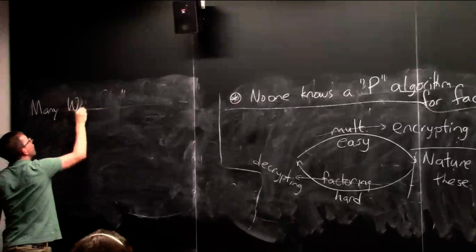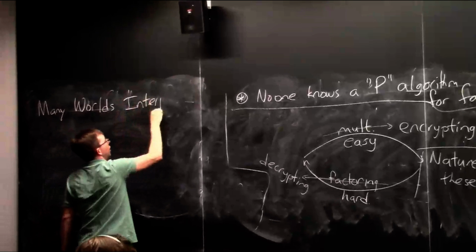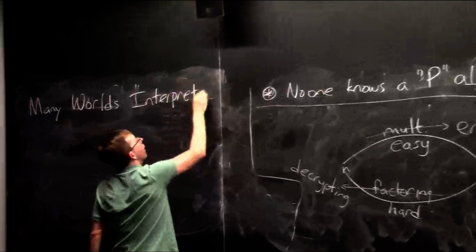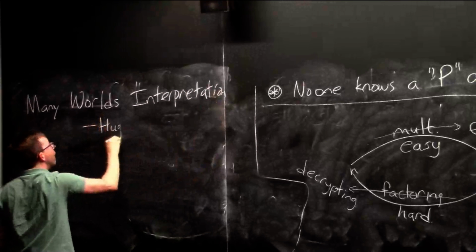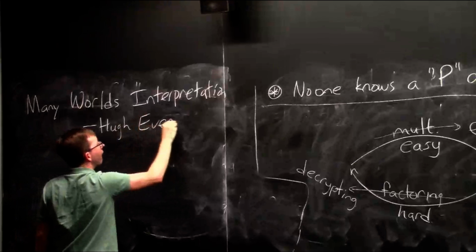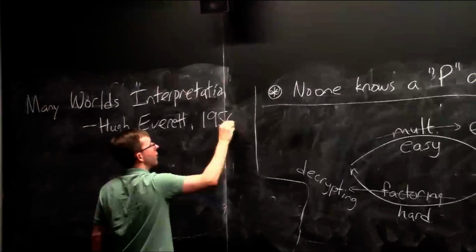Many worlds interpretation. It's an interpretation of the laws of quantum physics due to a person called Hugh Everett from his PhD thesis, which was in 56 or 57.